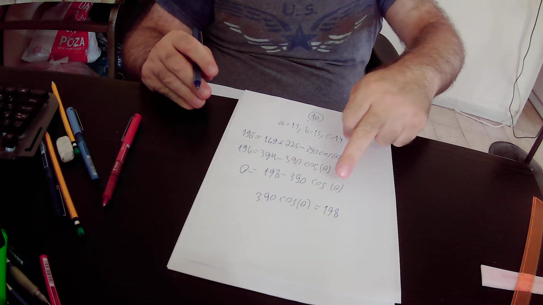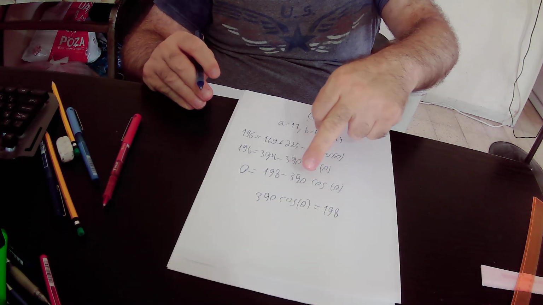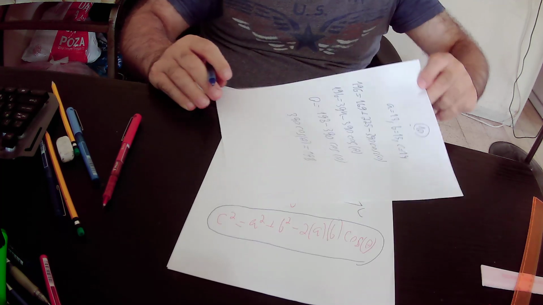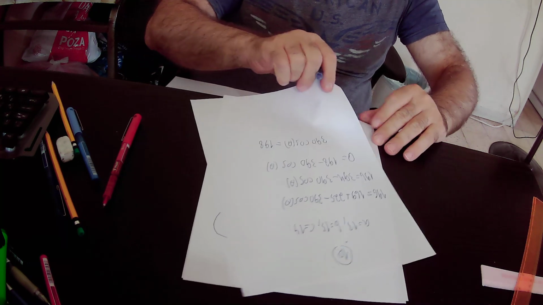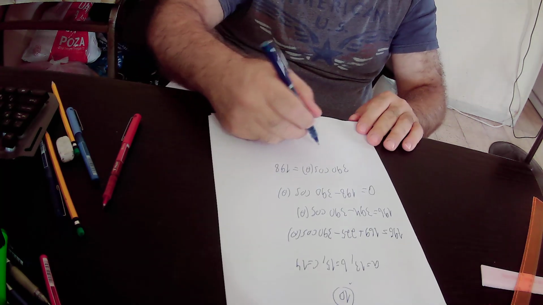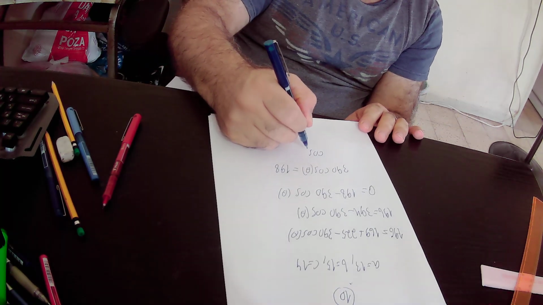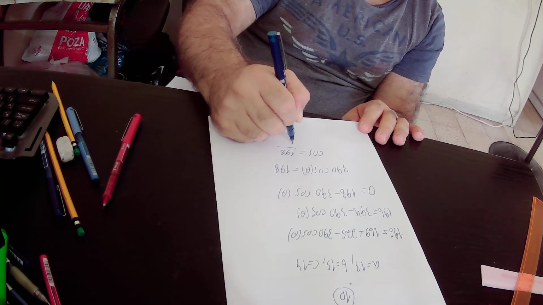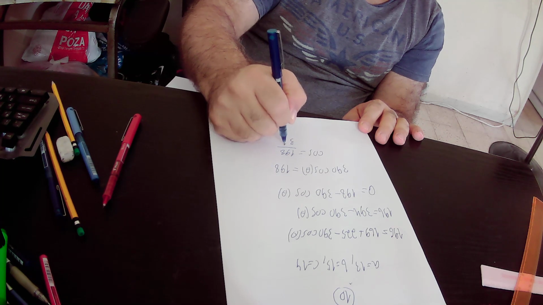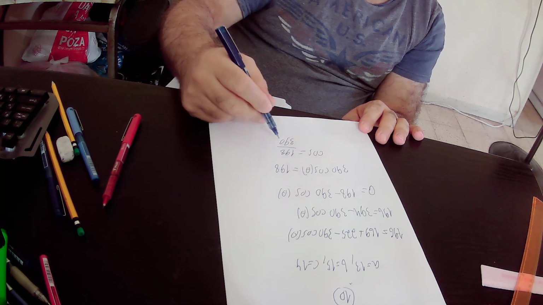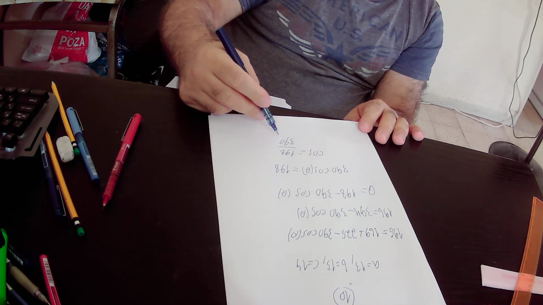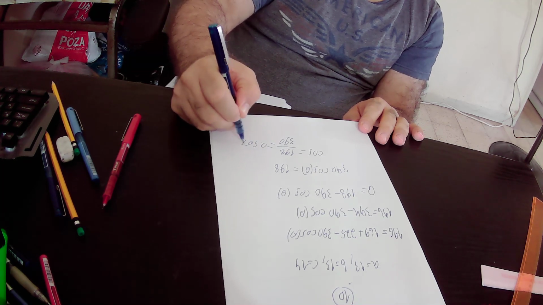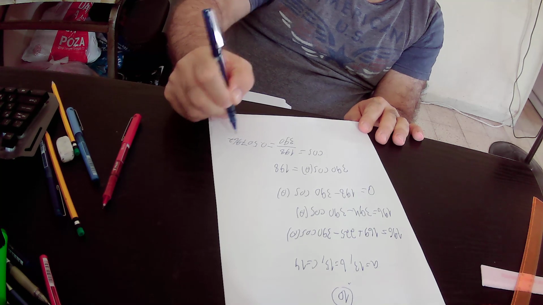So here we can divide this equality by 390 in order to get the value of cosinus theta. So cosinus theta equals 198 over 390. 198 over 390 equals 0.507962.